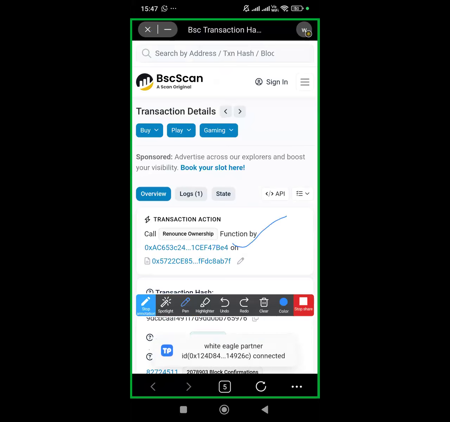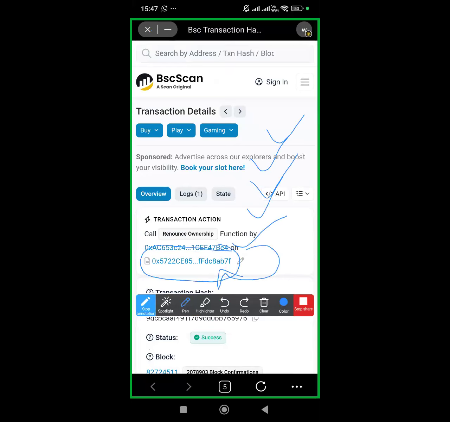This is the creator. This address is the creator address. He created the contract. After creating it, he tested that every function is working well. He tested completely. After testing, he transferred the creator address to that. This is the contract address, B7F.